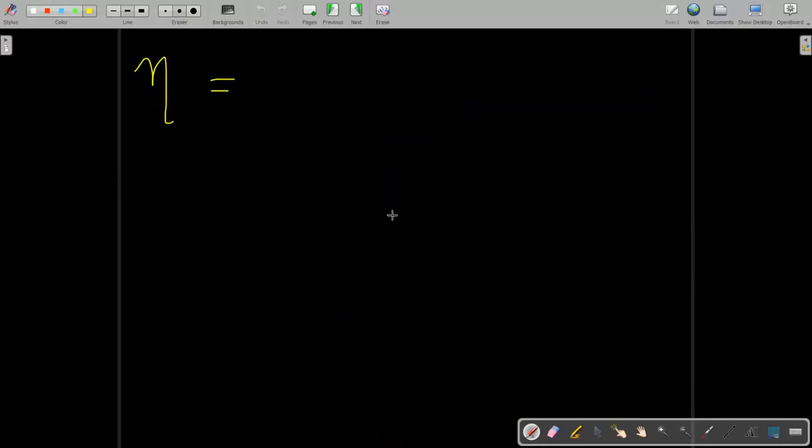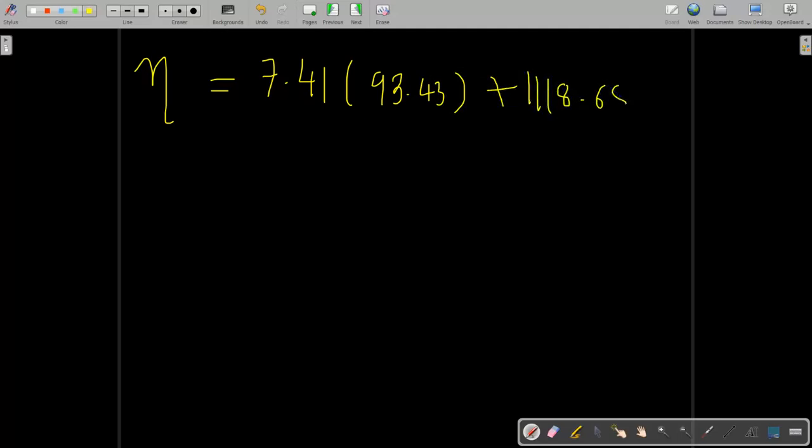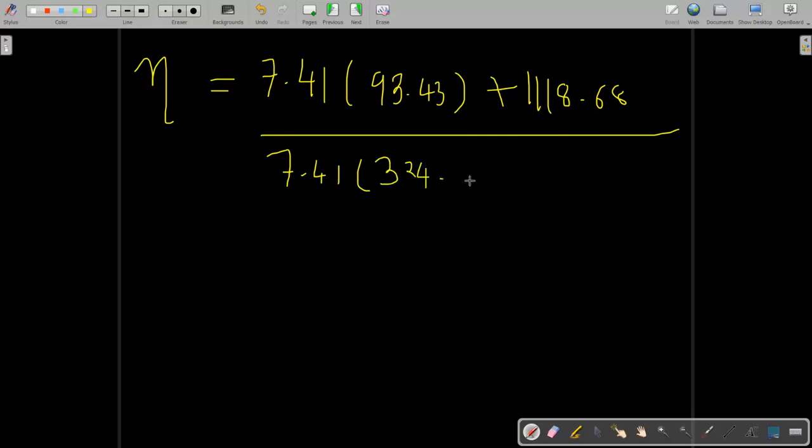So when you put this, we have 7.41 into 93.43 plus 1118.68, divided by 7.41 into 324.58 plus 415.4 plus 913.9.